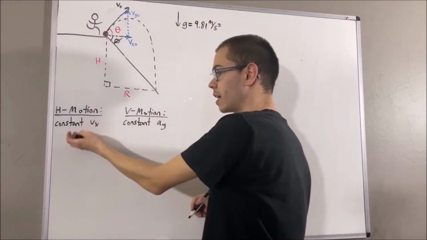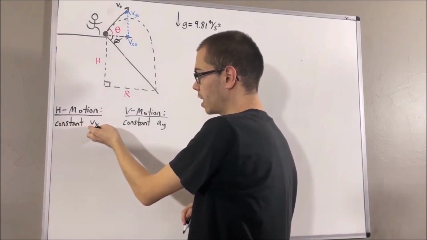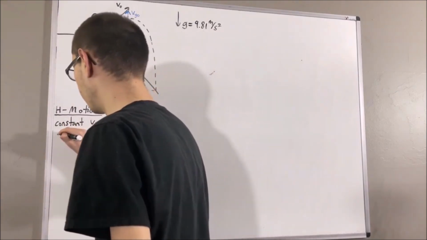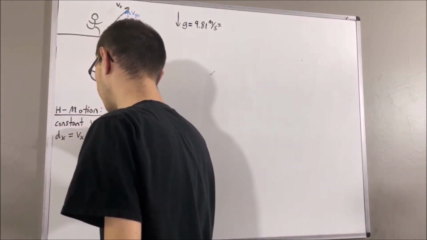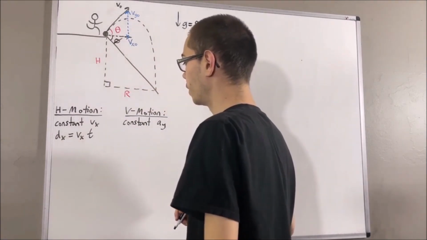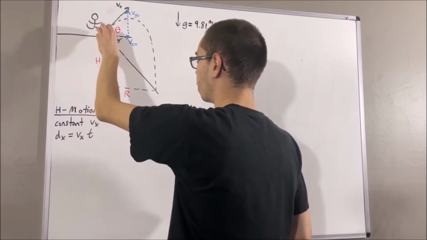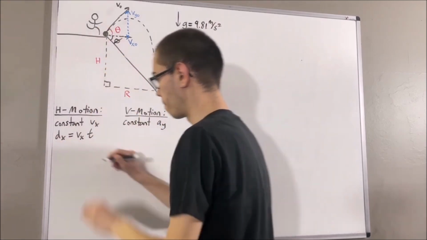So let's first analyze the horizontal motion. Since we're dealing with constant velocity, we can use the equation horizontal displacement equals horizontal velocity times time. So if we consider the displacement of the ball from this point to this point, the horizontal displacement is just r.